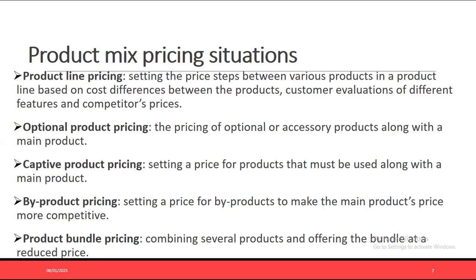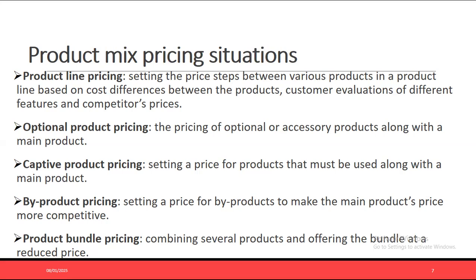All right, then you have the captive product pricing, where you set a price for products that must be used along with the main product. So this one is not optional. You actually need the other product together with the main product you're buying. And so in essence, they need the two or the three to work together.